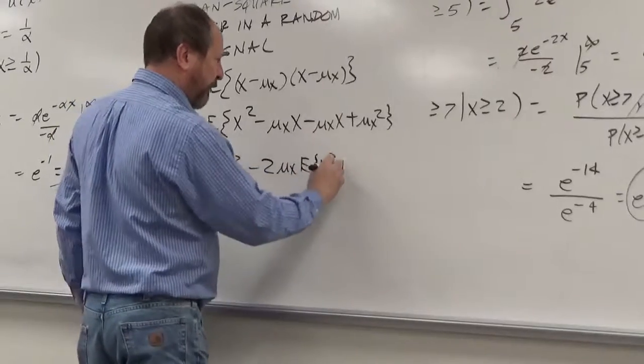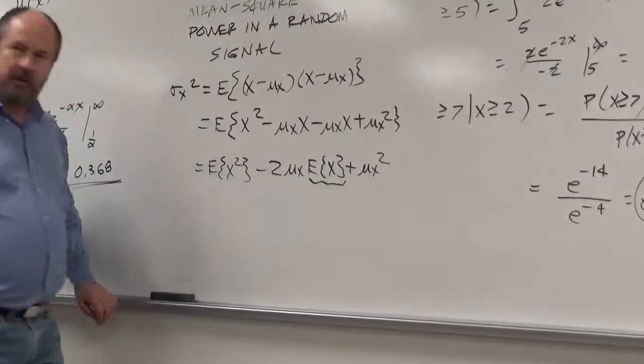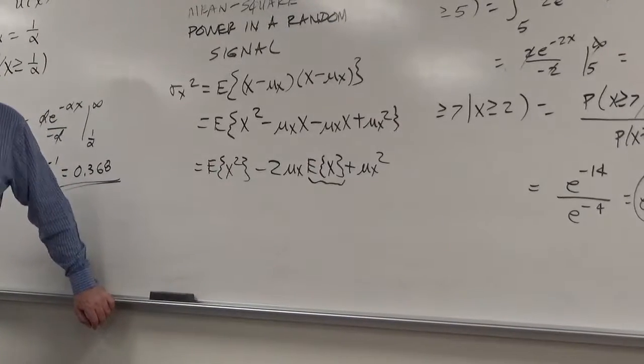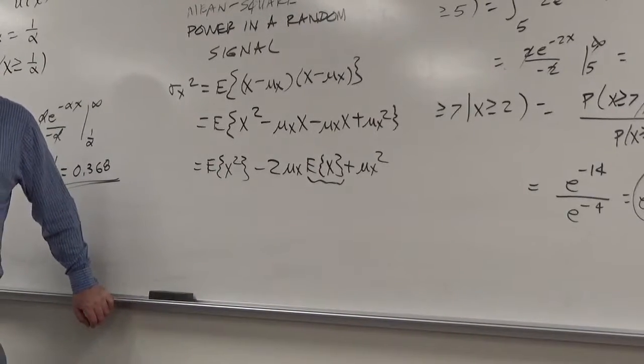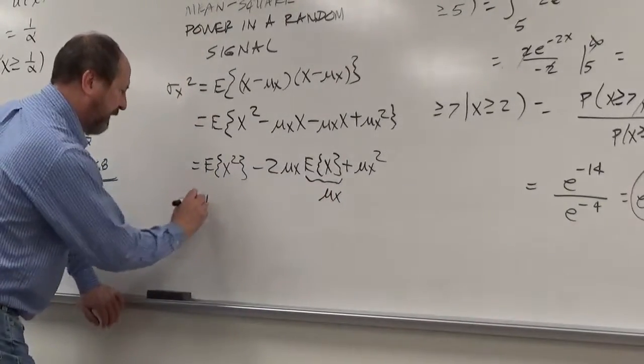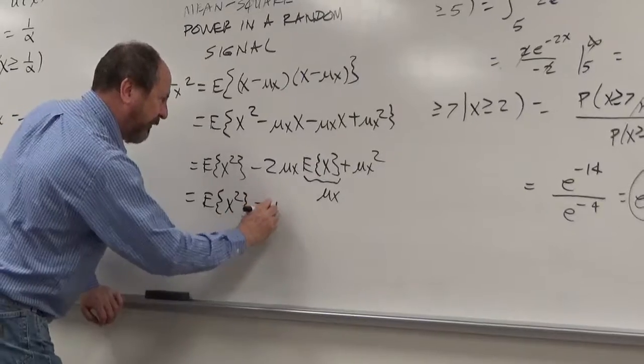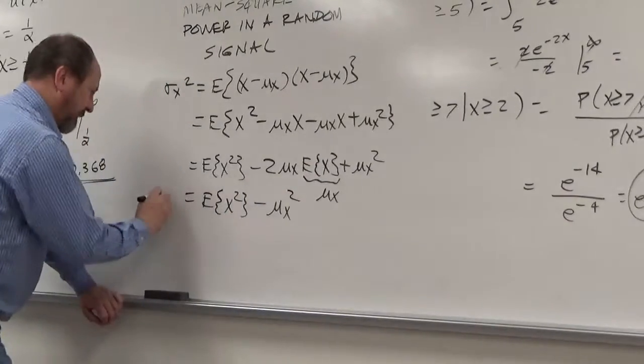And the last one is just mu x squared. But what is the expected value of x? Does it have a name? Mu x. So this is the expected value of x squared minus mu x squared.